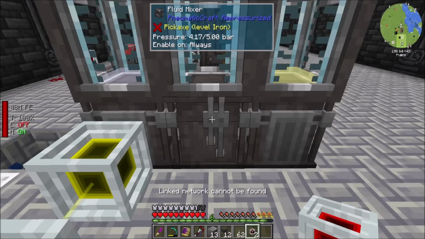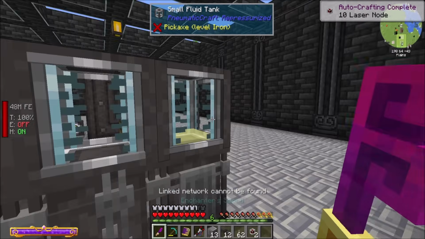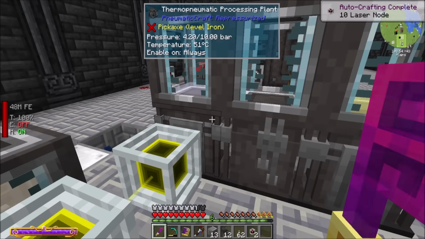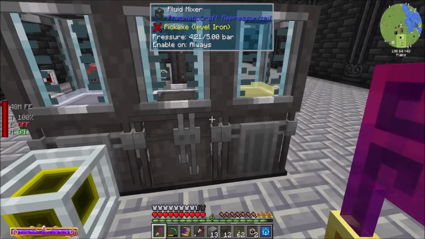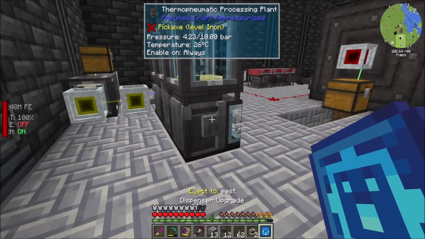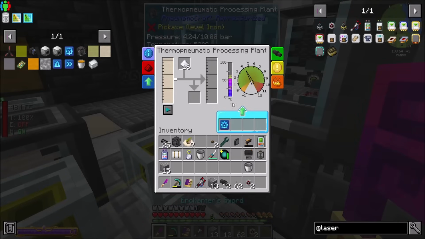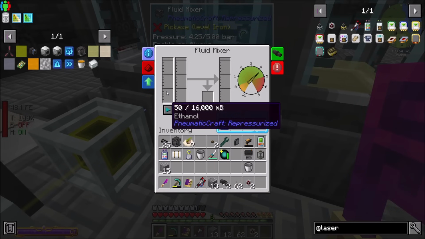You know, maybe we don't need to store these in tanks here? Let's just do that. I like that plan. So what if I just clicked on the side of the block, east, and put you in here? Would you be shoving into east now? Yeah, look, ethanol.